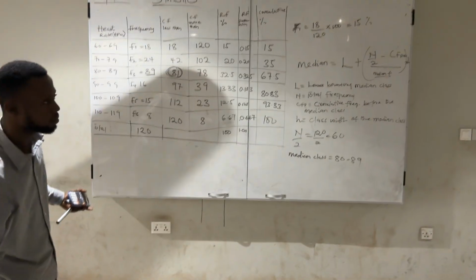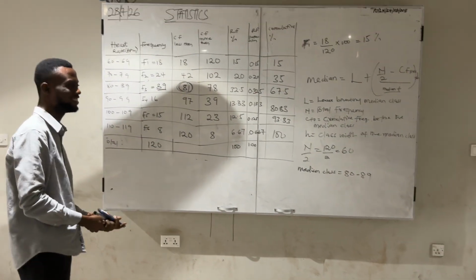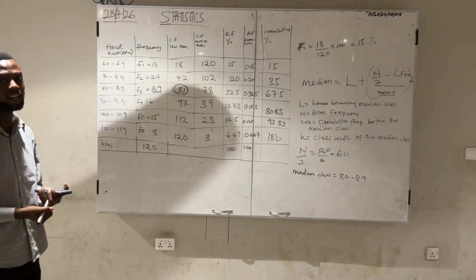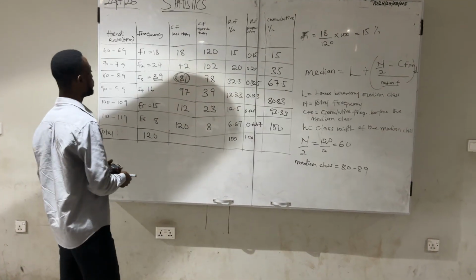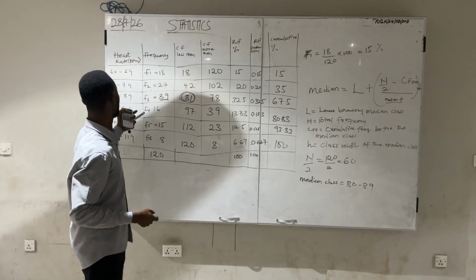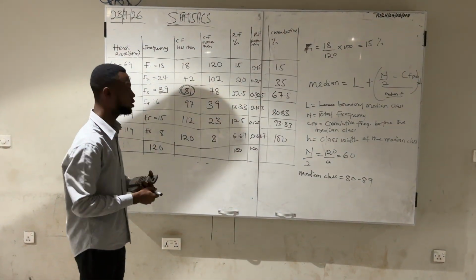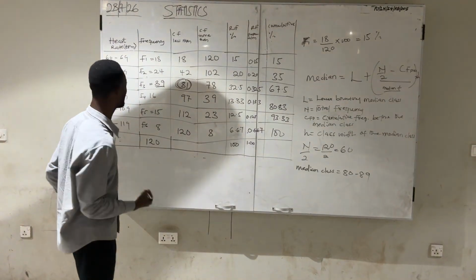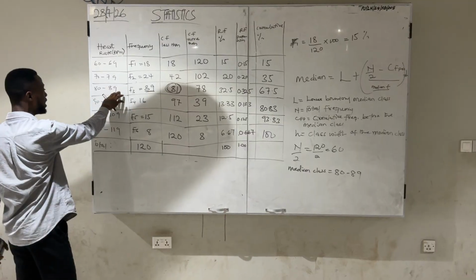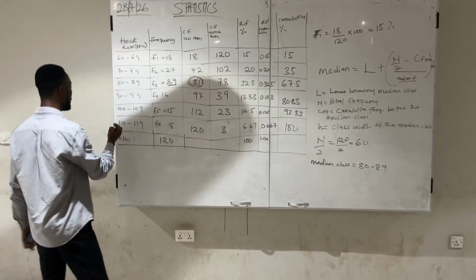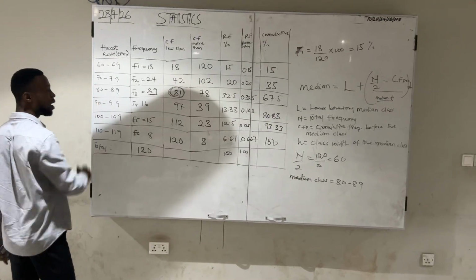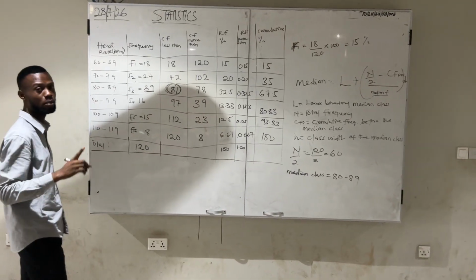For us to get the lower boundary of the median class, we subtract 0.5 from the lower limit. Let's take 80. So 80 to 89, we subtract 0.5 from the lower limit. Therefore it will be 79.5.